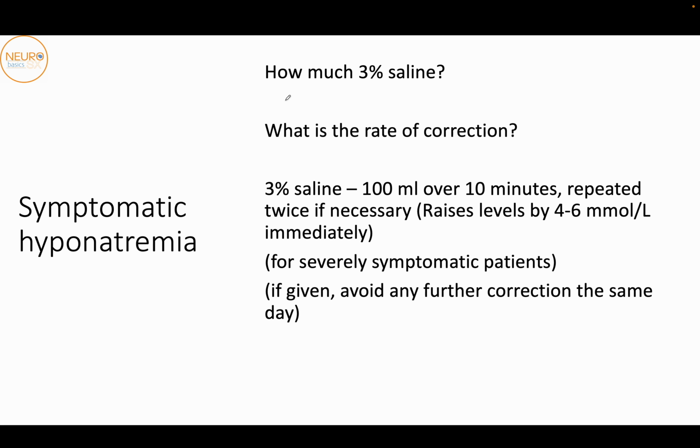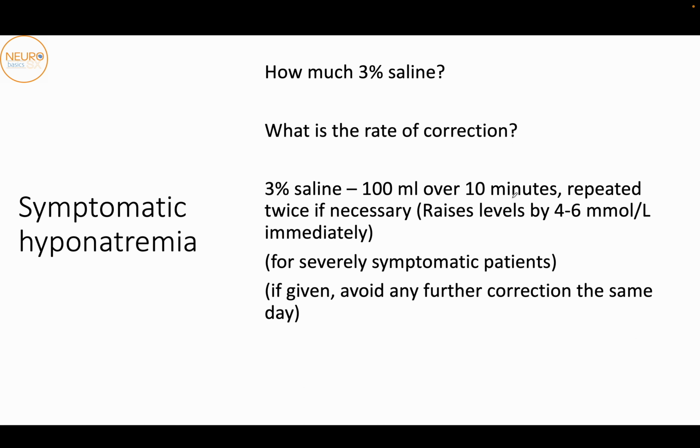Okay, so if a patient has symptomatic hyponatremia, how much 3% saline are we giving them? What is the rate of correction? There has been a lot of debate about this previously, but the recent guidelines say that you can give 3% saline directly as a bolus if the patient is symptomatic, a bolus of 100 ml over 10 minutes.